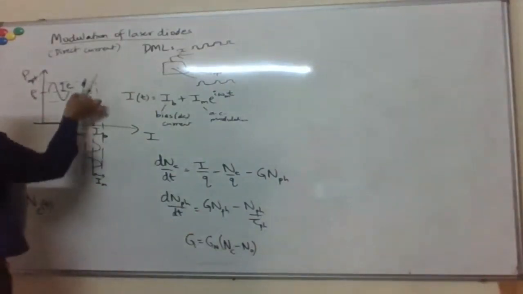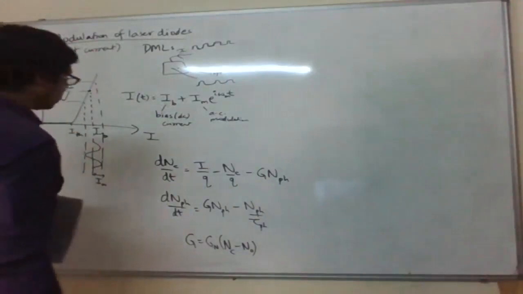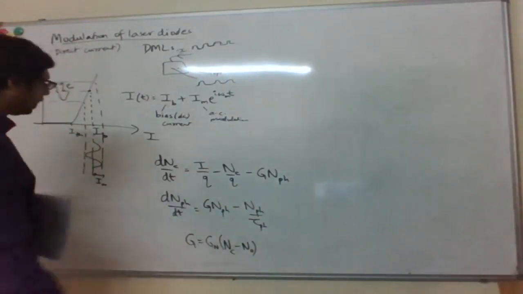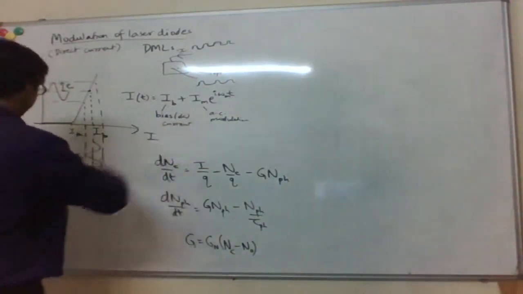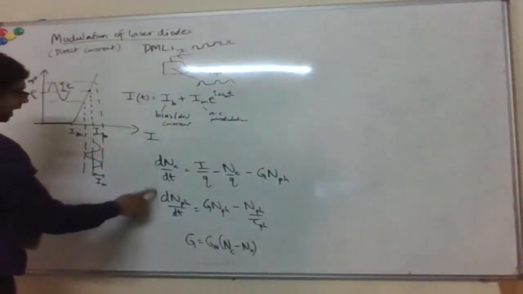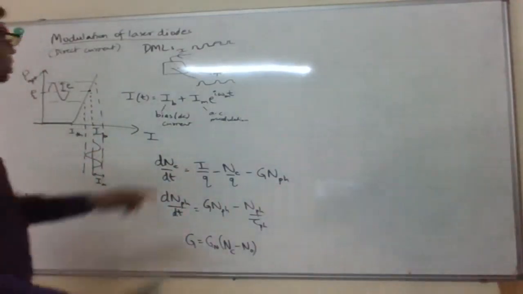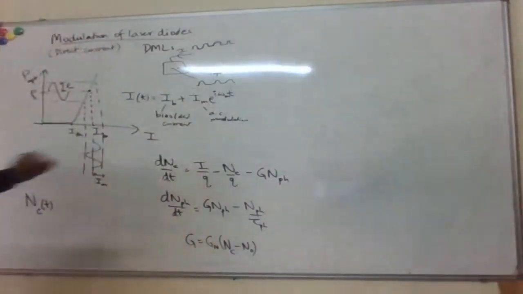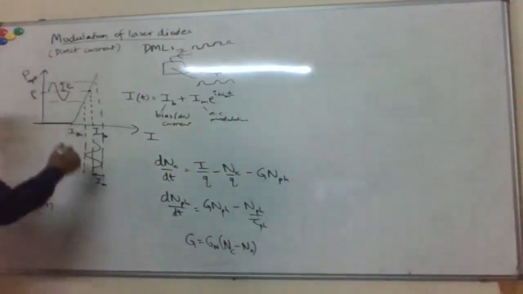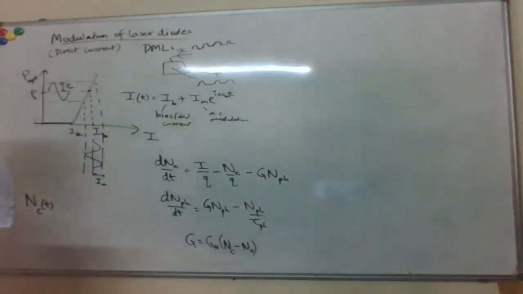There will be some nonlinearity, which means the carriers and photons might respond at slightly different frequencies not present in your drive. But let's not go into those complications for now. Let's assume this response is perfectly linear.